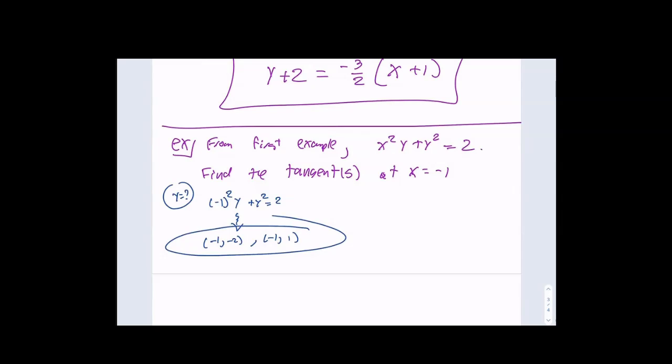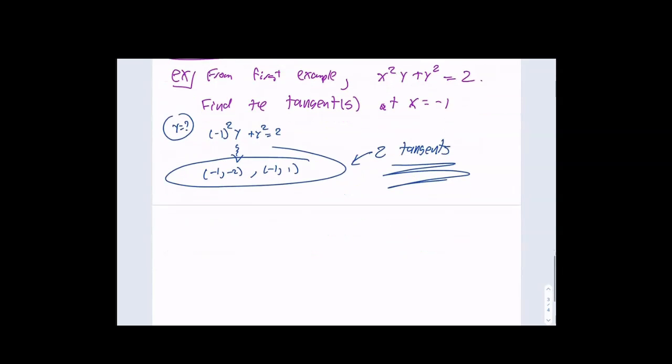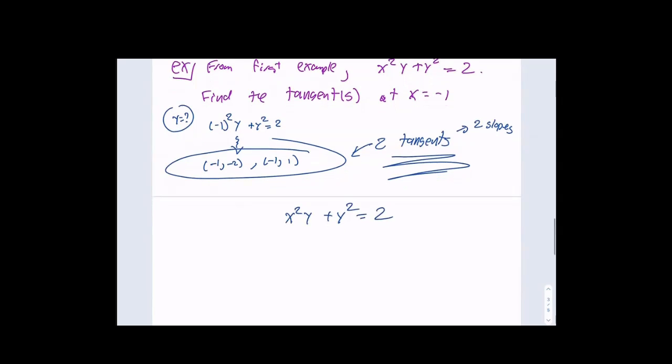So now I need to find, there are 2 tangents to my problem. Okay, so if there are 2 tangents, that means there are 2 slopes. Make sense? So x squared y plus y squared equals 2. I got to find a slope. How do I find a slope?